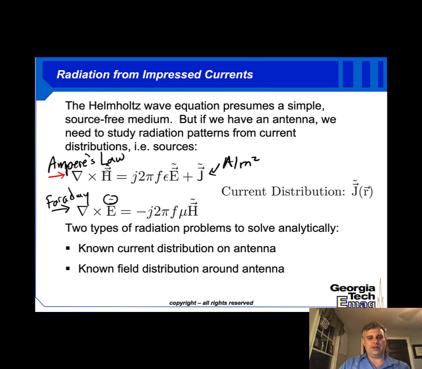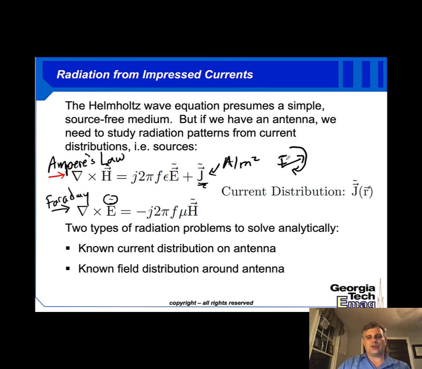And what this basically means is H, the magnetic field, circulates. If I have a current, the H field circulates according to a right-hand rule around a current, or in this case, it's a volume distribution of current that has amps per meter squared.